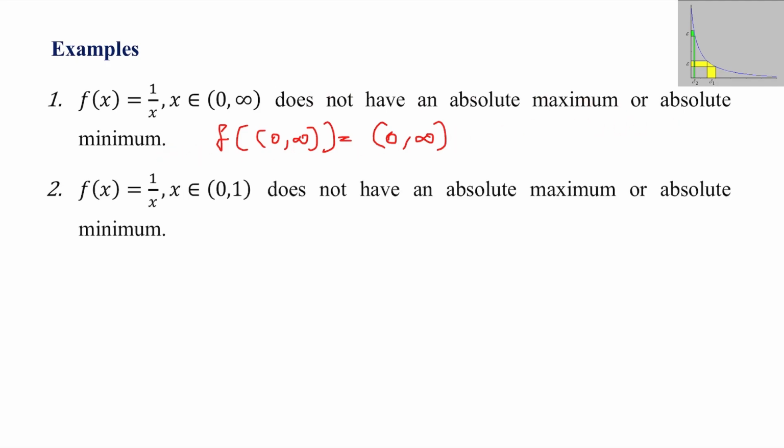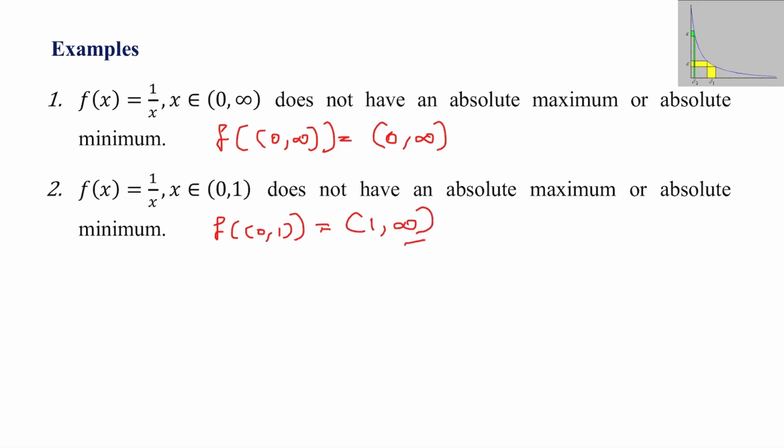And next I am considering the same function f of x equal to 1 by x on the open interval 0 1. So what will be f of open interval 0 1? It will be open interval 1 to infinity.